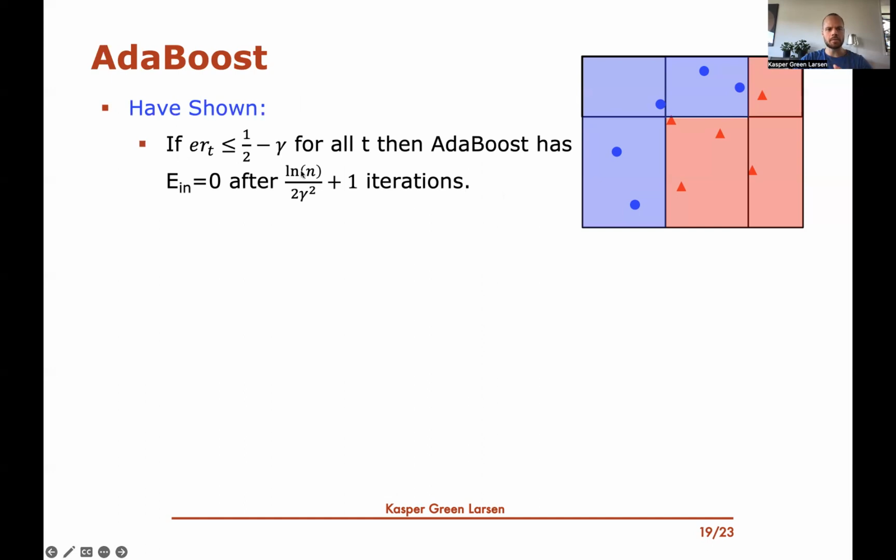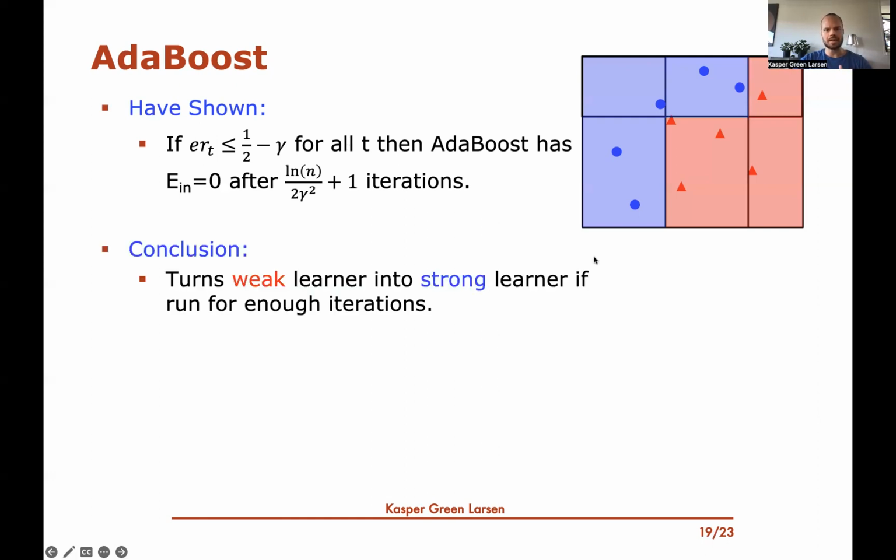There's only a logarithmic number of iterations in the number of training examples. So it's actually very few iterations. And it depends quadratically on how small the advantage over random guessing is. So this is a really neat observation that we actually managed to get 0 in-sample error, which means that it will turn any weak learner into a strong learner if we run it for enough iterations.